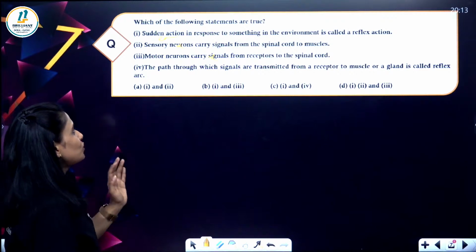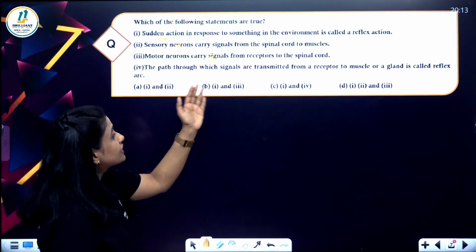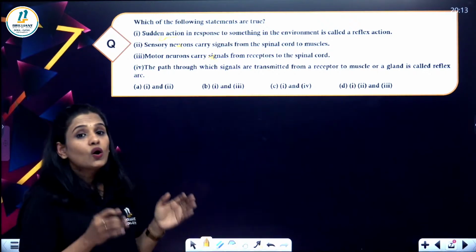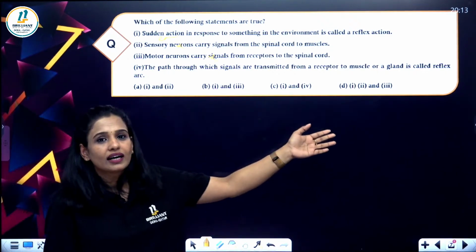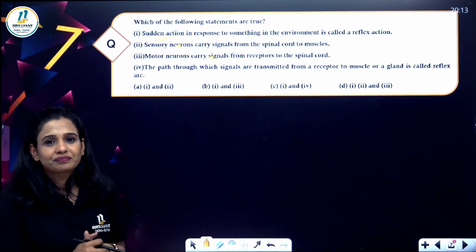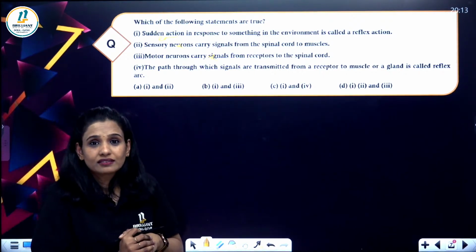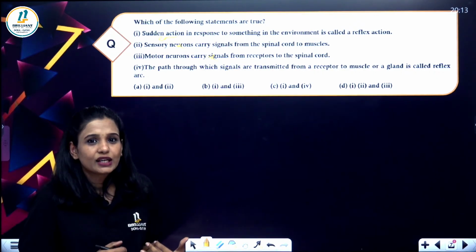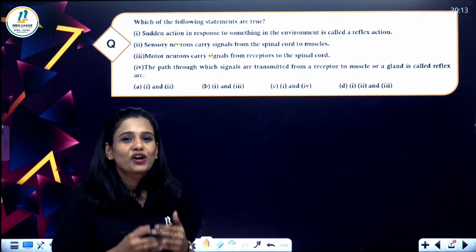And see the fourth one. The path through which signals are transmitted from a receptor to muscle or a gland is called a reflex arc. See the fourth statement. It is correct, right? We have learned in the previous question the definition of reflex arc.